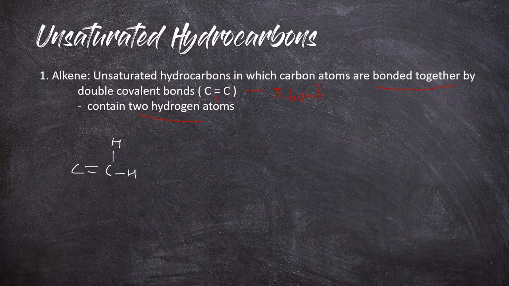So here 1, 2, 4 hydrogens. How many carbons are here? Two carbons, and four hydrogens. So two carbon, four hydrogen.